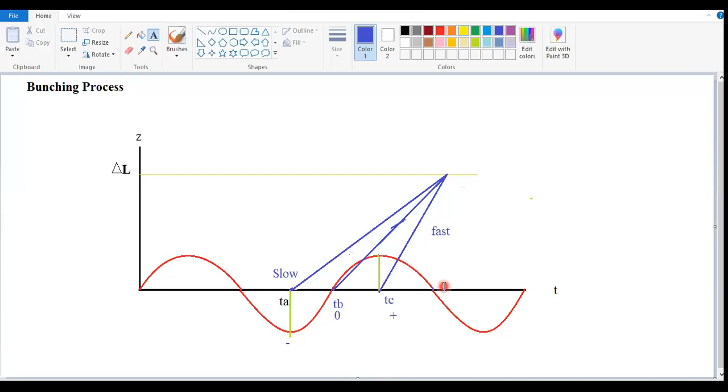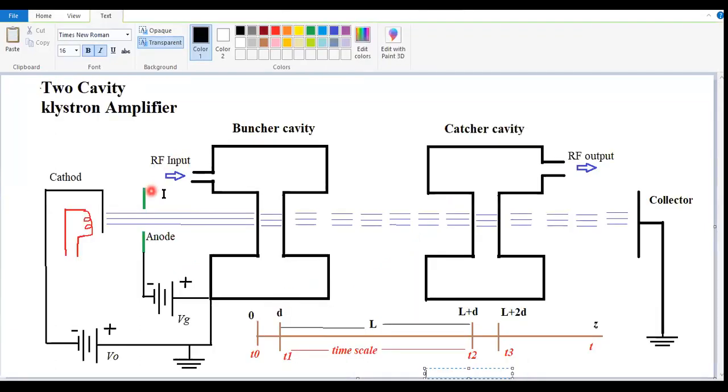And these electrons travel through the buncher gap, forming the bunching action due to the negative and the positive half cycle. So the microwave input, whatever input signal you are giving, the RF input signal, this bunching will have a dependency on it.